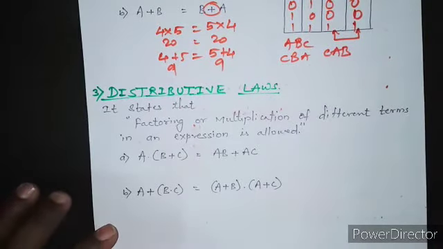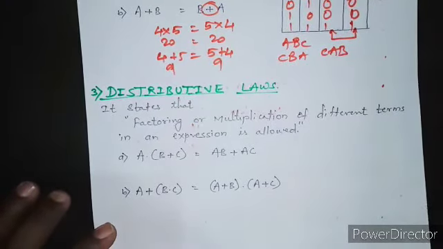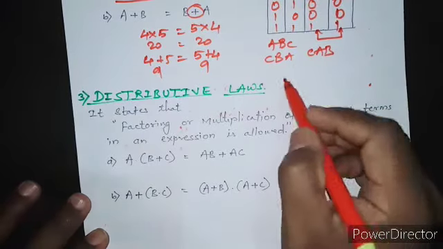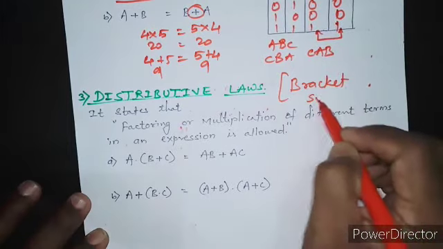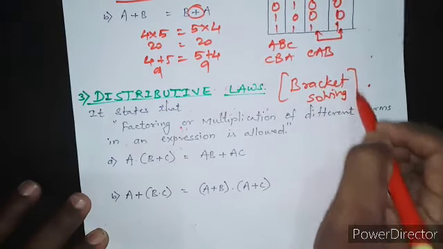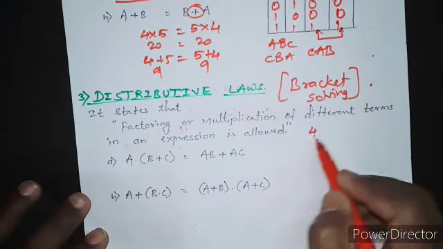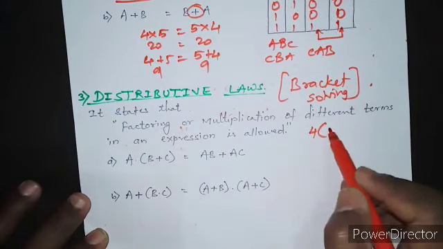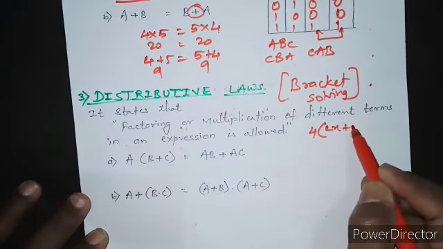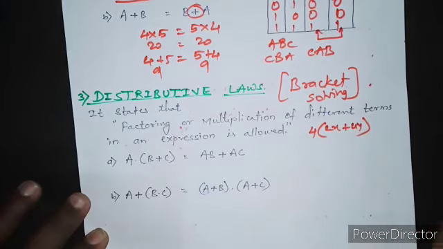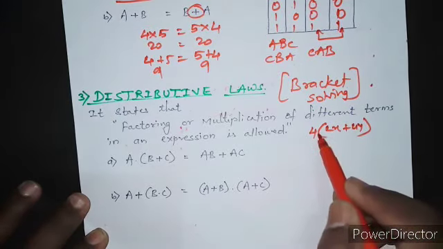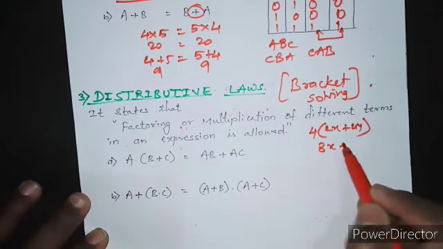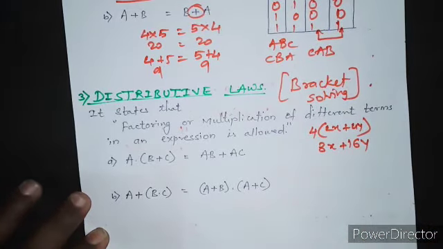The next law is distributive law. Distributive law is simply bracket solving. Now if I have 4 into (2x plus 4y), just consider, how can I solve this? 4 times 2x is 8x plus 4 times 4y is 16y, in our general maths.